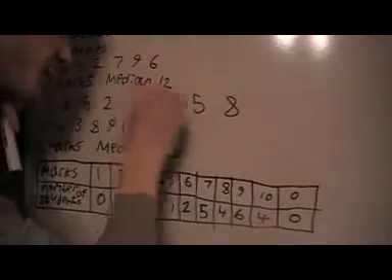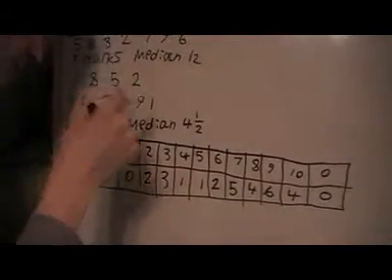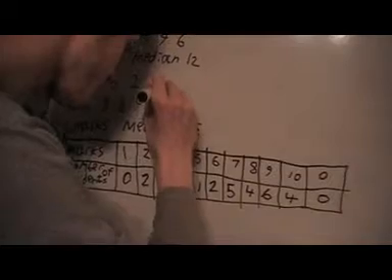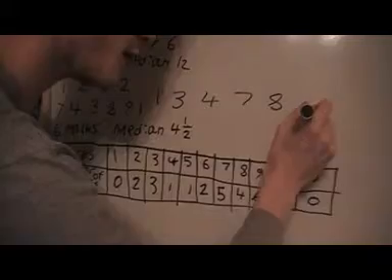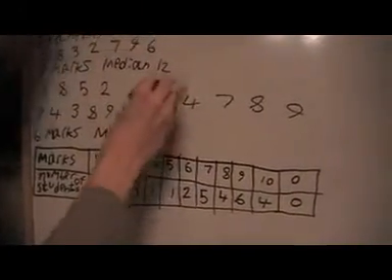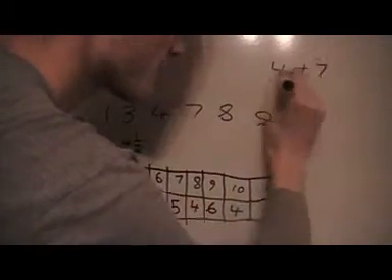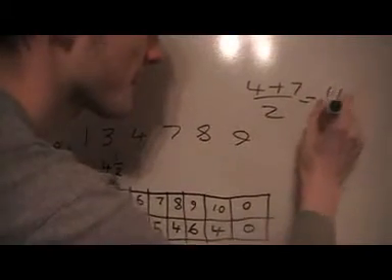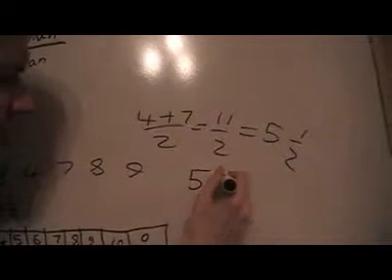Just because that's a little bit harder when there's no number in the middle, I'll do one more example. This is the next example here. I'm going to put them in order: 1, 3, 4, 7, 8, 9. And again, 4 and 7 are the two middle ones. So we'll add them up and divide by 2. 11 over 2, or 5 and a half, or 5.5 if you prefer.